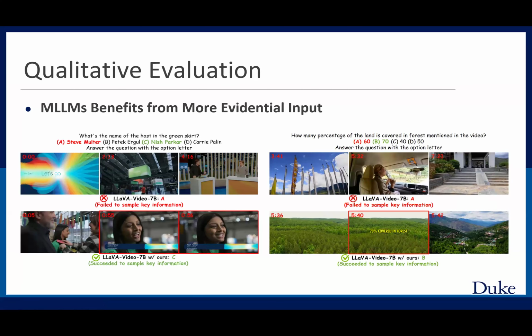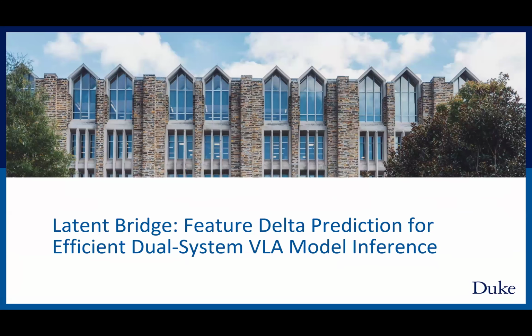Okay. So this is the second part, and the third part I wanted to introduce is called Latent Bridge, for VLA model acceleration. This is our collaboration with our Qualcomm supporters.